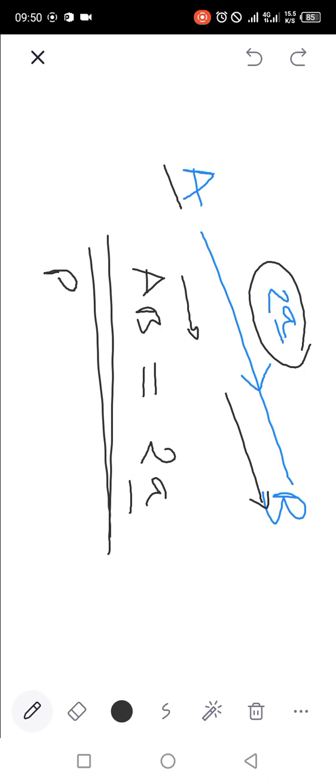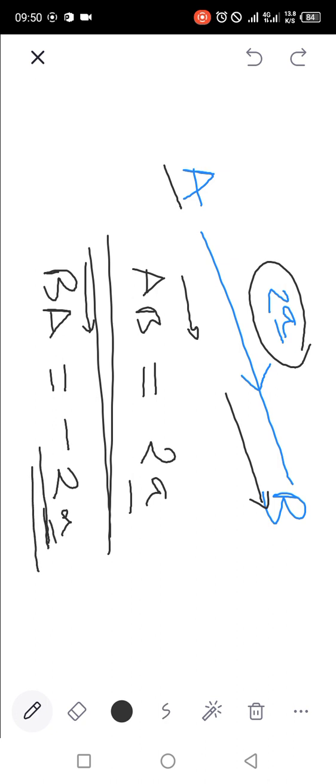If they say, can we find BA? Remember, is it a positive direction or a negative direction? So it will give you minus 2A. That's what we'll be dealing with in Paper 2. Are you following?